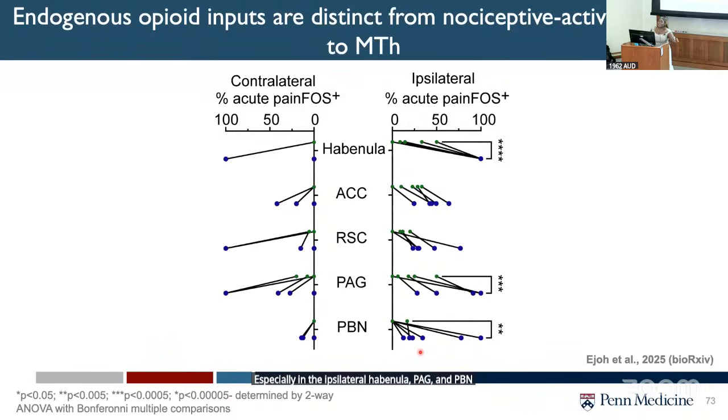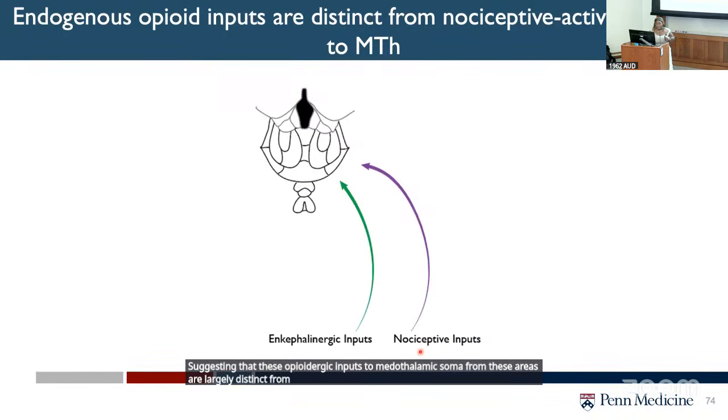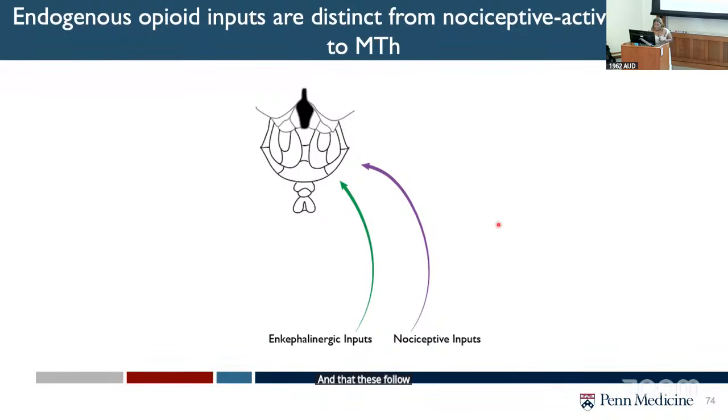This suggests that these opioidergic inputs to medial thalamic somas from these areas are largely distinct from nociceptive inputs, and that these opioidergic versus nociceptive pathways to the thalamus operate in parallel, don't come from the same exact cells largely, and follow separate pathways.